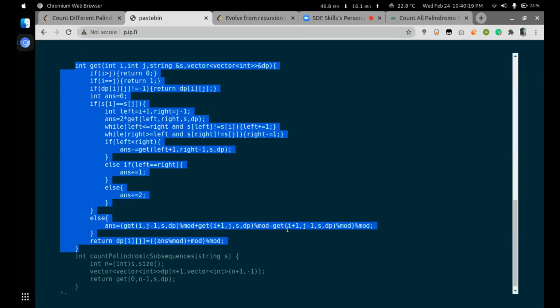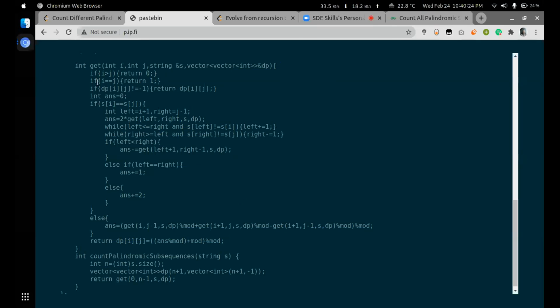But isn't it an exponential time complexity in that case? Yes, it is, but we are memoizing it here. So the pointers i and j won't get repeated. The possible values of i are 0 to n and j are 0 to n, so at max the get function will be called n square times only, and I store the value in the DP array.